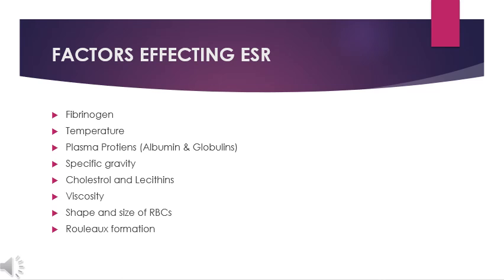Like in sickle cell anemia, the shape of the RBCs is disturbed, so the rate is affected. And rouleaux formation is the main key, the principle of the test. So all these factors are interrelated and can disturb the results. We should consider them when performing the test.